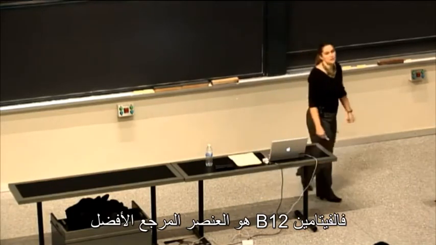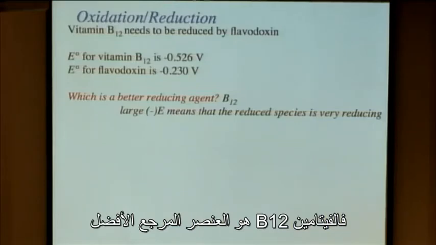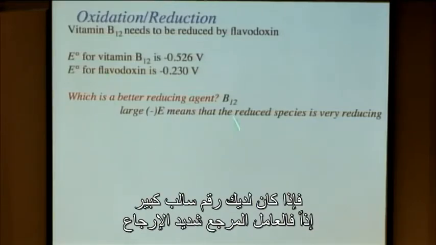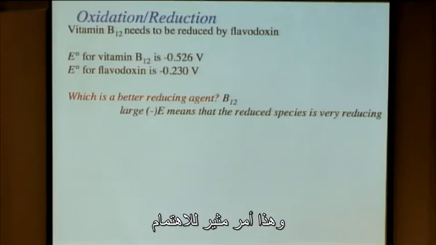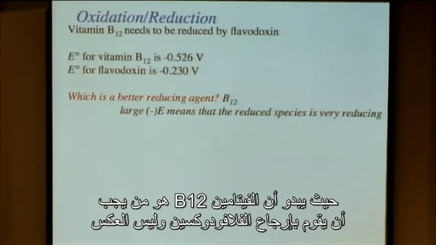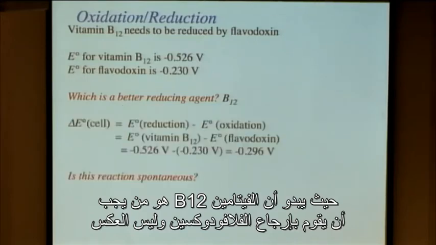So vitamin B12 is a better reducing agent. If you have a large negative number, then the reduced species is very reducing, so it wants to reduce other things and get oxidized itself. So that's interesting. It seems like vitamin B12 should be reducing flavodoxin and not the other way around.